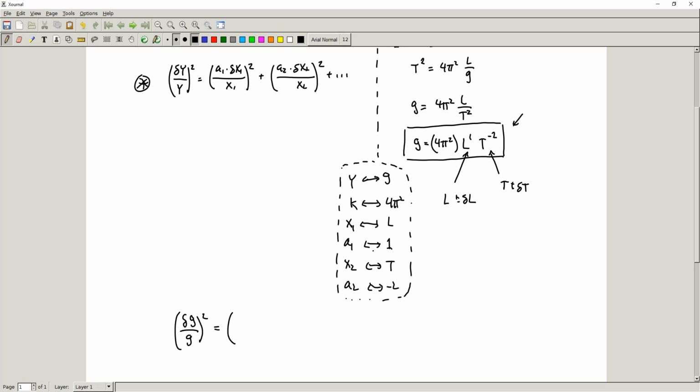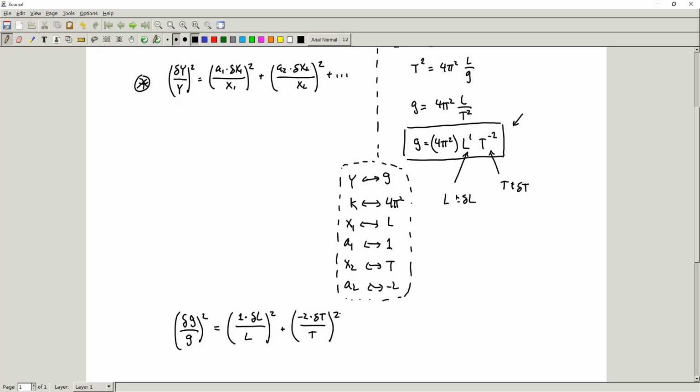That's just 1, so 1 times our delta L over, what's x1? Well, that's just L squared, plus what's A2? A2 is minus 2, the power to which t is raised, so minus 2 times delta t over t squared.